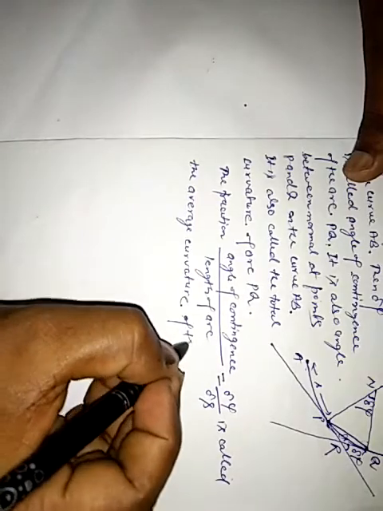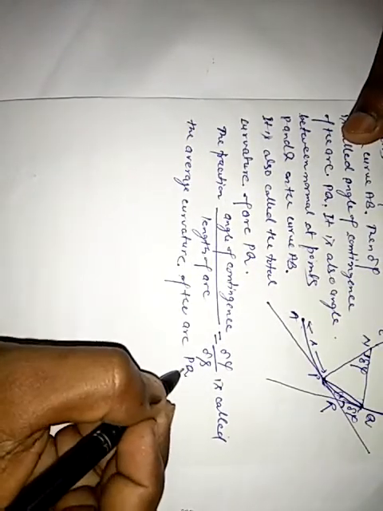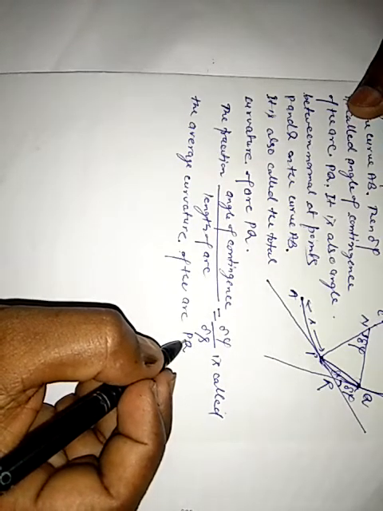Curvature of the arc PQ is also called the average bending of the arc PQ.